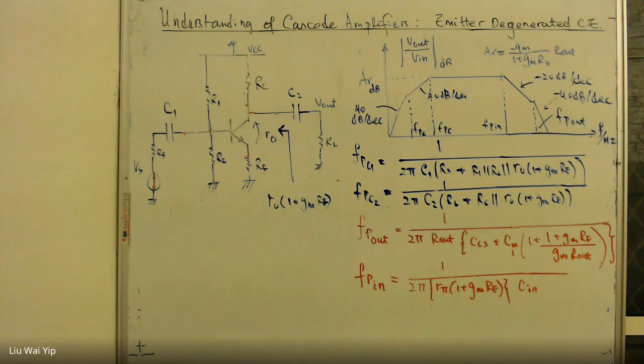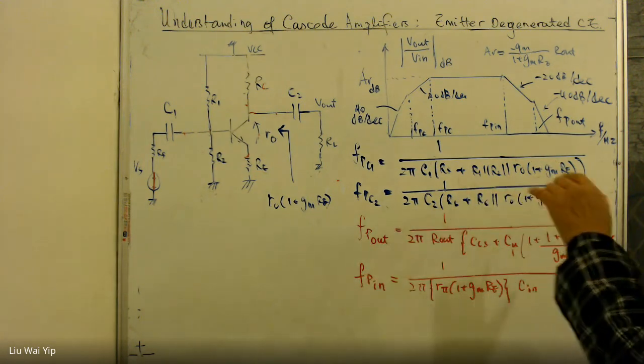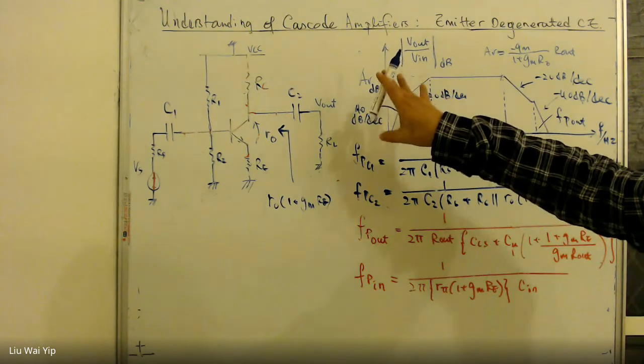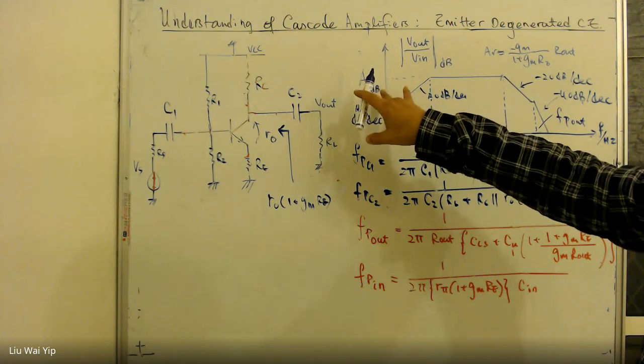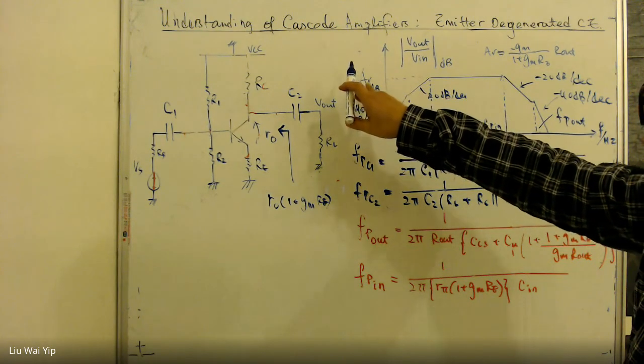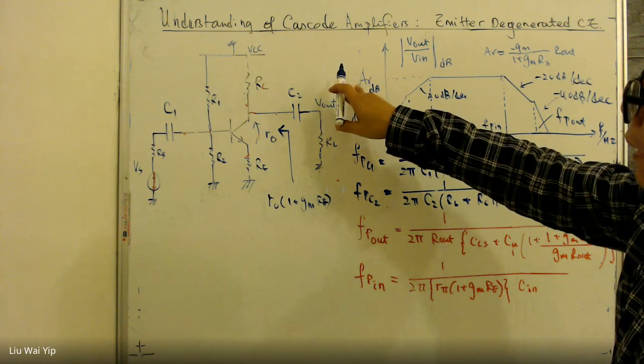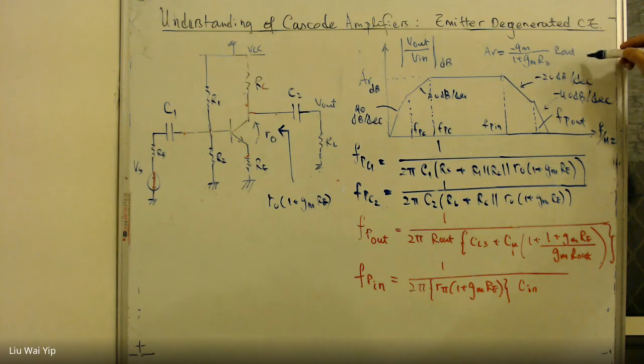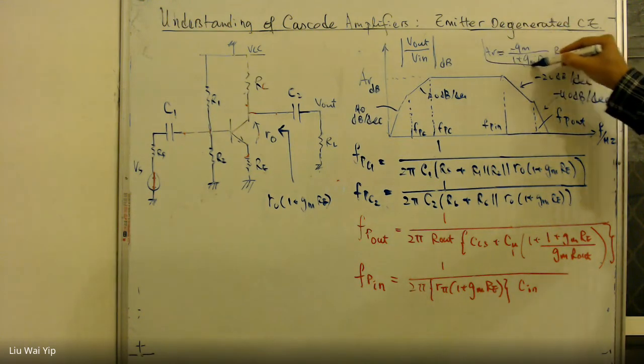Right now, I think I have already given you most of the information here. One thing I need to remind you is the unit dB. Right now you have an AV. We know AV is the voltage gain given by this formula here.